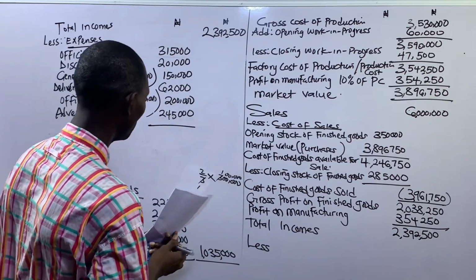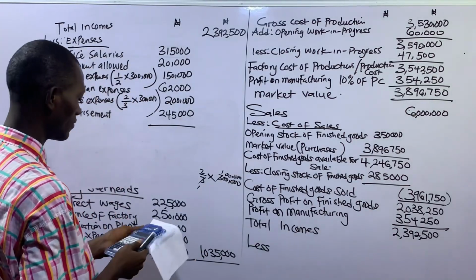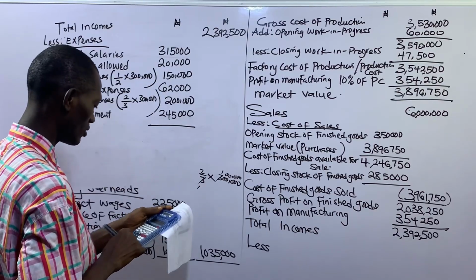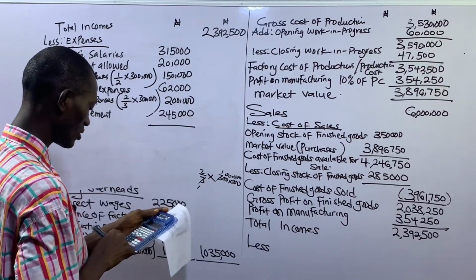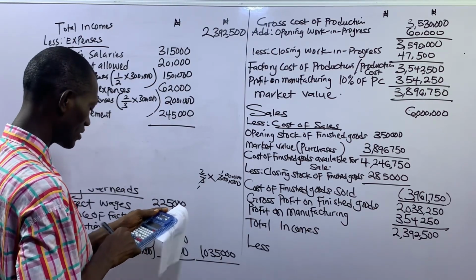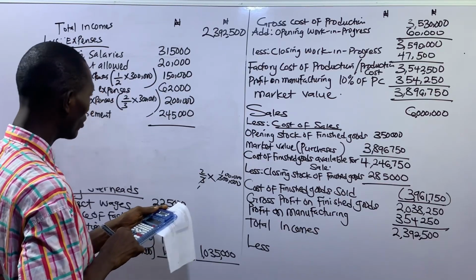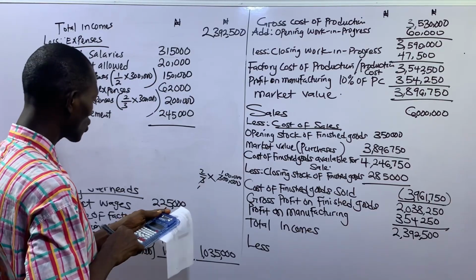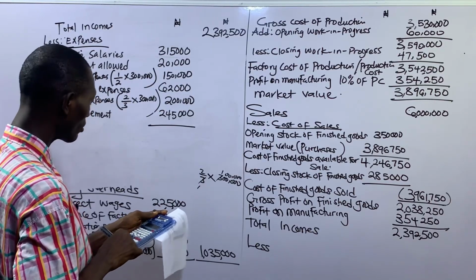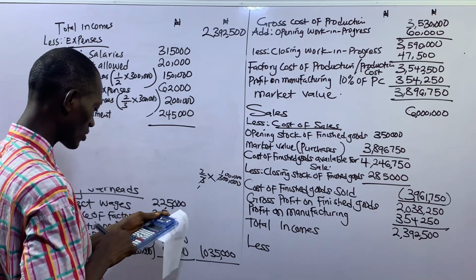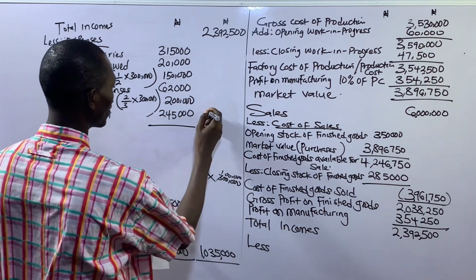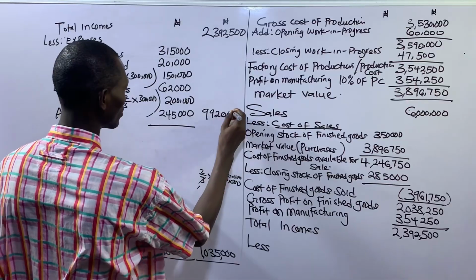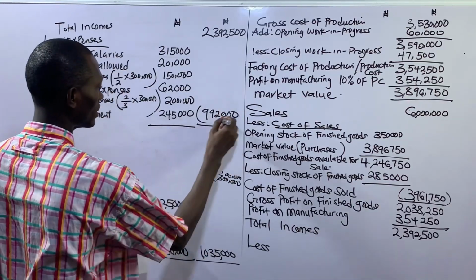Let's add everything: 315,000 plus 20,000 plus 150,000 plus 62,000 plus 200,000 plus 245,000. That gives us 992,000. So this is the total expenses.